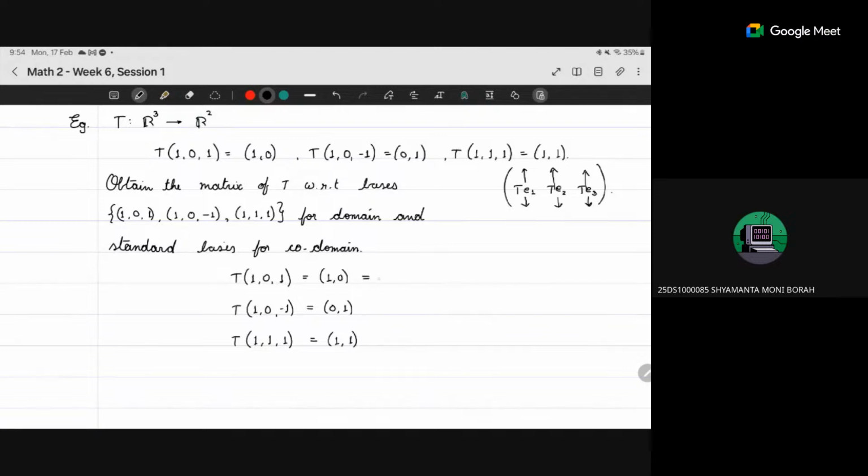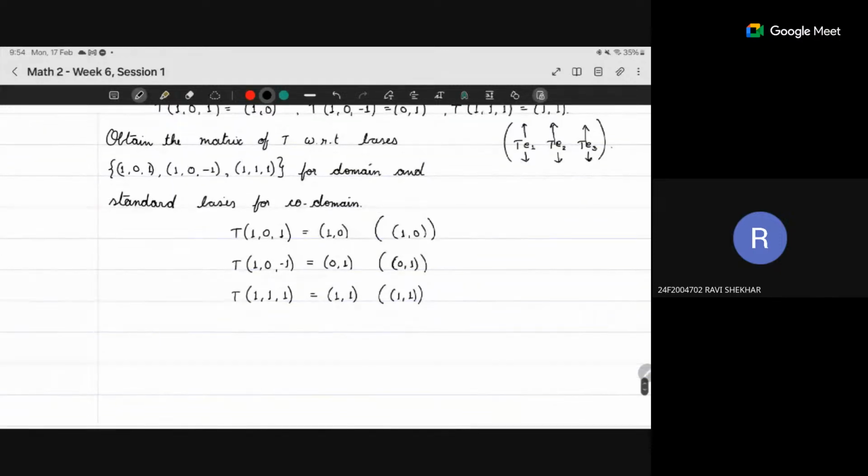Now, what are the coordinates of this in the standard basis? Anyone? 1. So this is just 1, 0. Coordinates have to be two numbers, right? Like it's 1 times this. Since we are using the standard basis for the codomain, the coordinates are exactly the vectors themselves. So the coordinates and the vectors are not different.